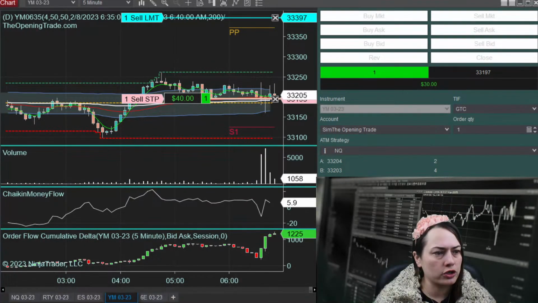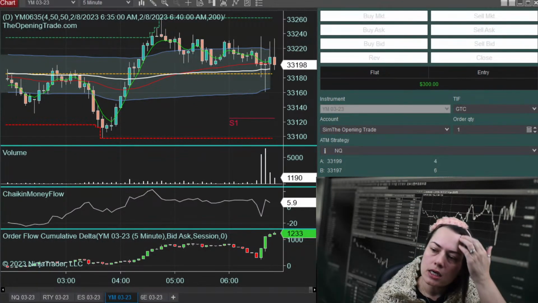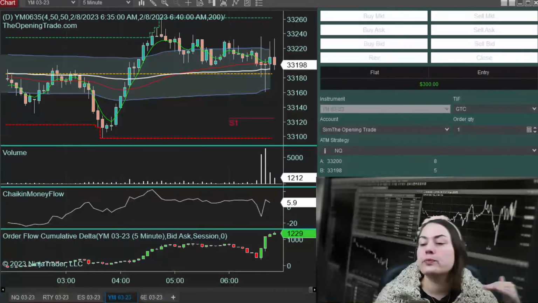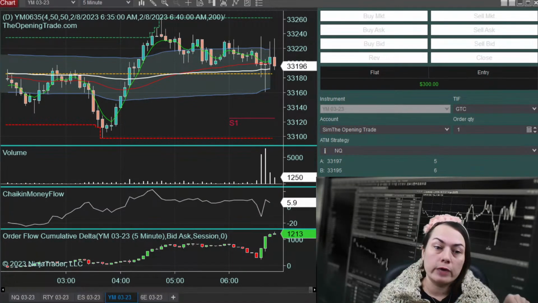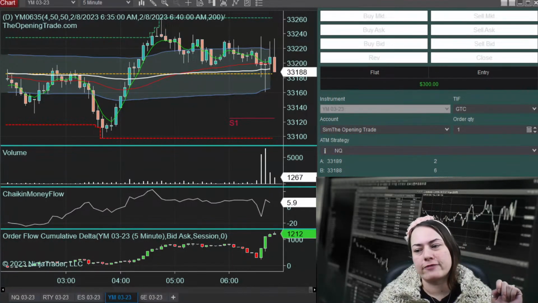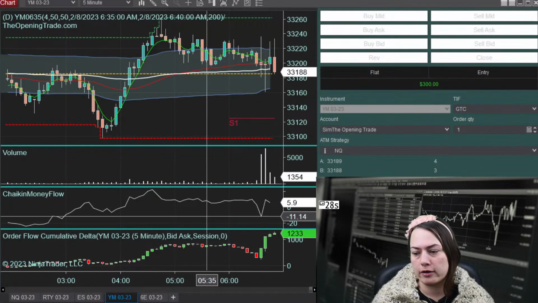Let's refresh the news. Order filled. Okay, so it stopped me out. It hit my red line. We knew that that was a possibility, but because I moved my red line up, it did lose, but it only lost $15. And if you look right now, that red candle is falling down very far.